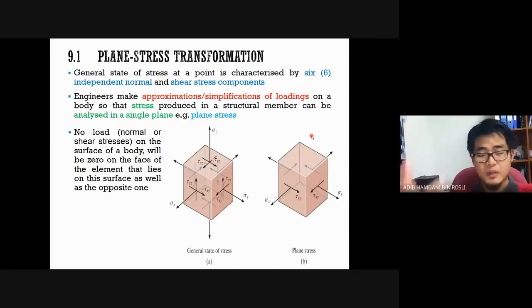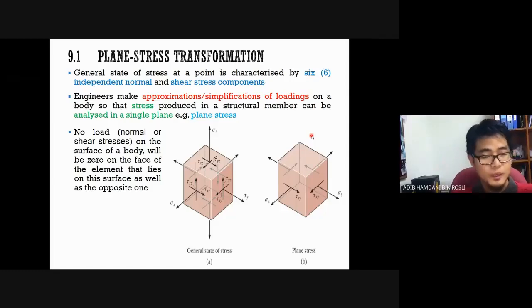Actually, for plane stress, sigma z is zero because the geometry is thin. So you can reduce this to sigma x, sigma y, and tau xy.